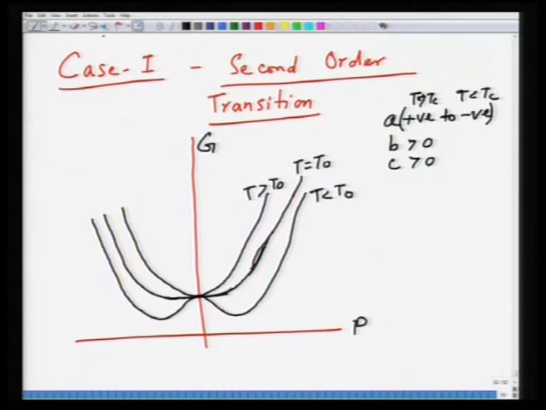Okay. So, this is the case of what is called a second order transition. So, as you change the temperature from T greater than T naught, this is decreasing temperature.